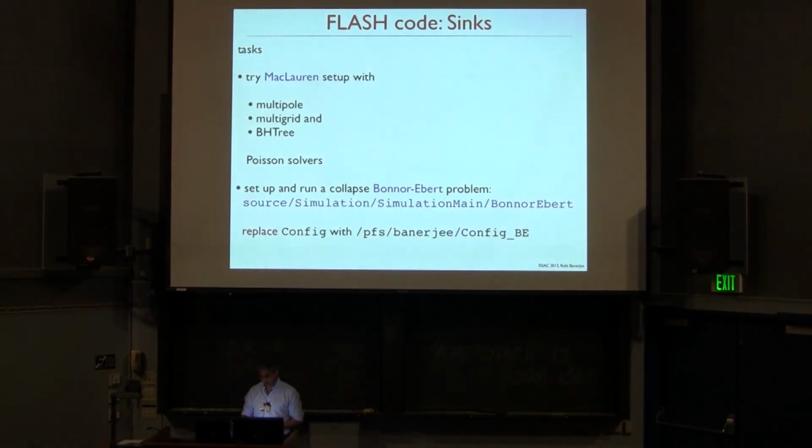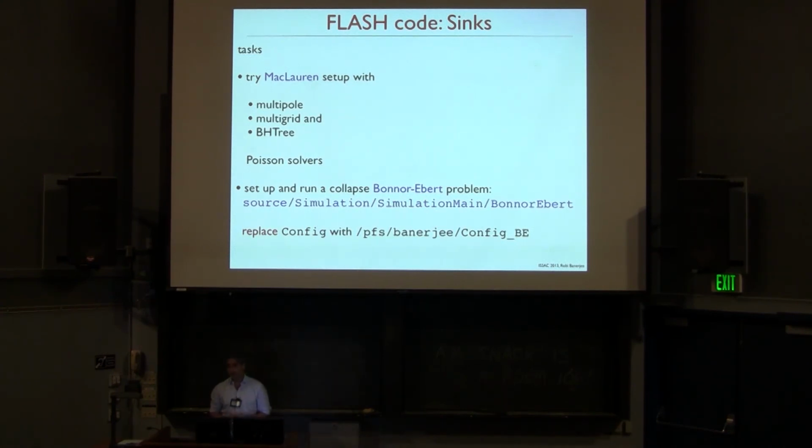Another setup is what I mentioned earlier, this Bonner-Ebert sphere, a sphere which has a density profile which can be expressed by a simple differential equation, not analytically, but there's a setup already.